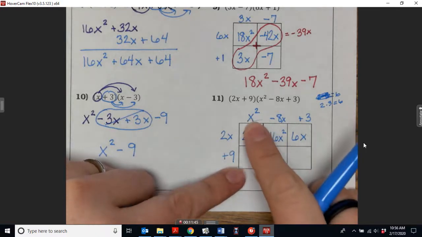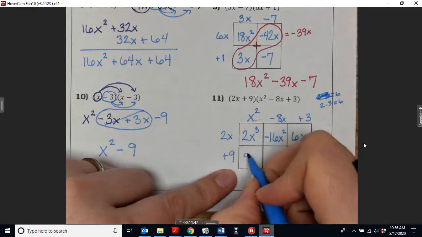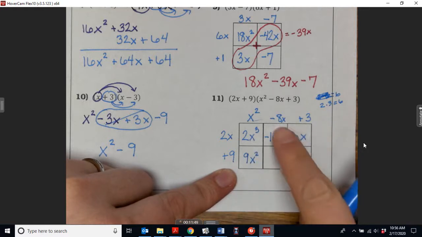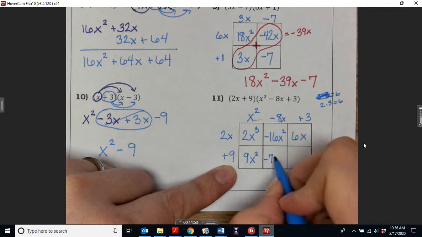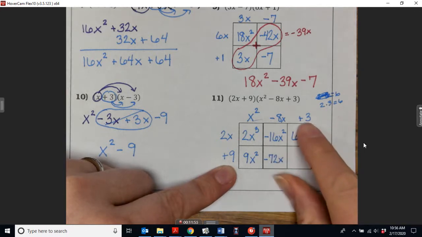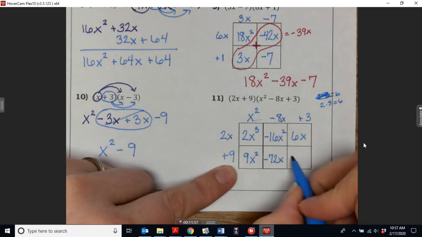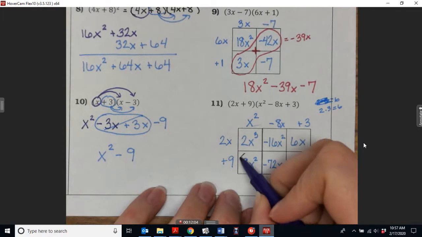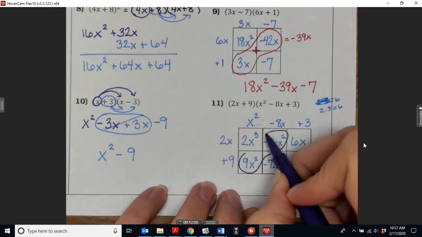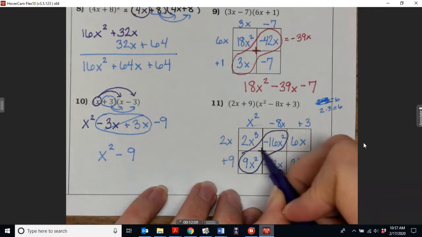I have x squared times 9, which is 9x squared. And then negative 8x times 9, which is negative 72x. And then 3 times 9, which is 27. And then here we add like terms, but I have 2 sets of like terms, and they're diagonal from each other if we set it up correctly.